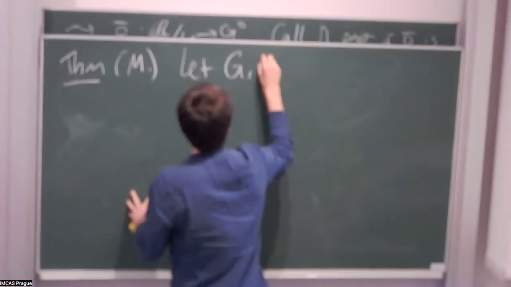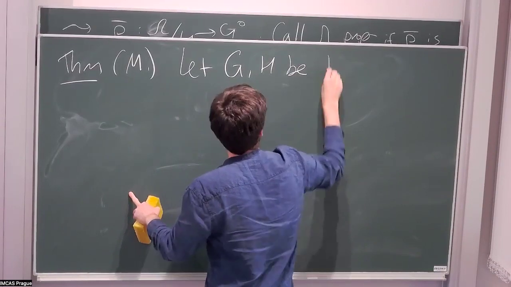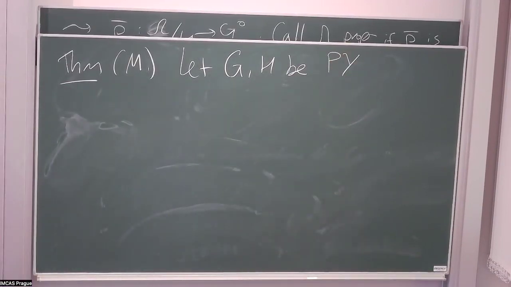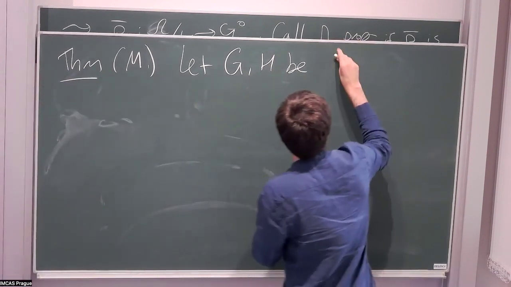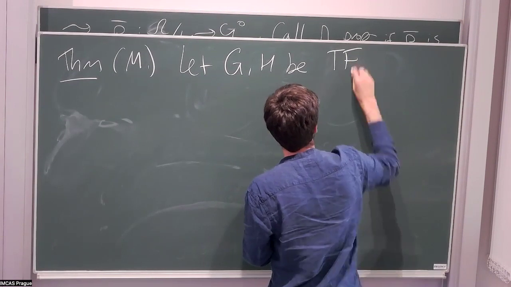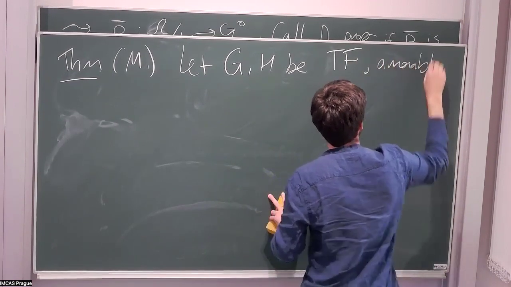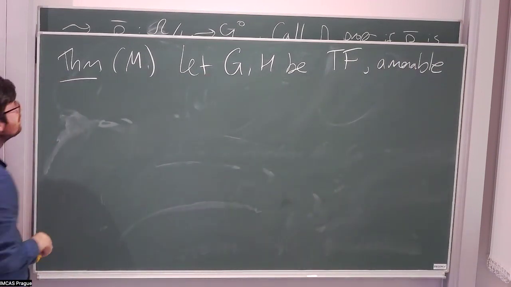But a consequence of this: let G and H be torsion free, amenable, so that, if you know what it means, they satisfy the Baum-Connes conjecture.